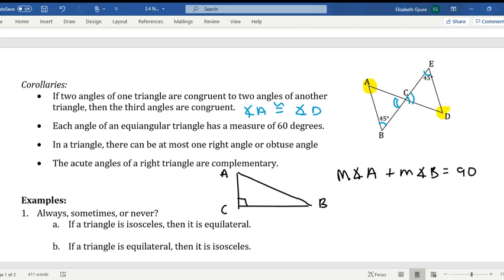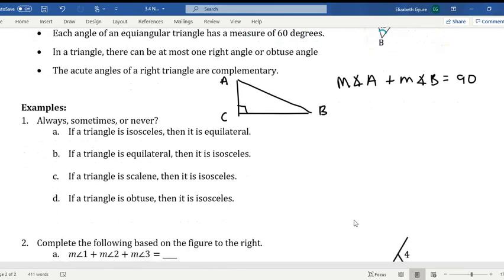Questions about our corollaries? Okay, we just have a few examples. The first example is an always, sometimes, or never. If a triangle is isosceles, then it is equilateral, always, sometimes, or never. What do you think, Olivia?